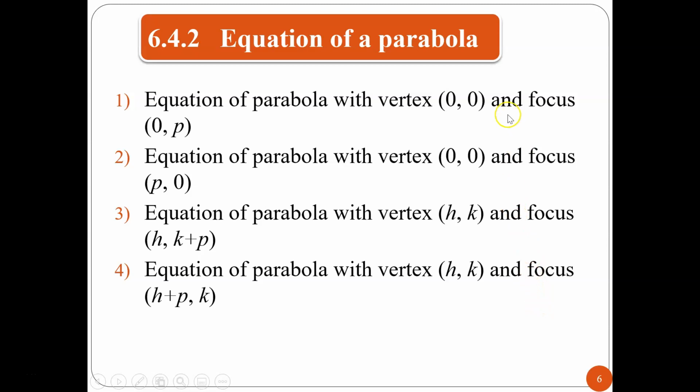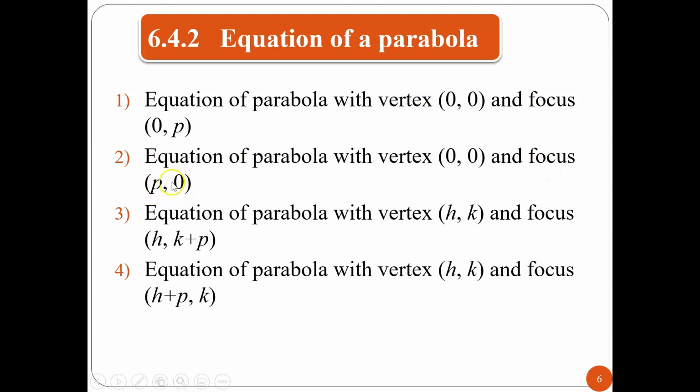Okay, next we're going to discover the equation of a parabola. There will be 4 equations which involve 4 different situations. You will see the equation of a parabola when you have vertex (0, 0) and focus (0, p). And later on you will have the equation of a parabola with vertex (0, 0), but the focus is (p, 0).